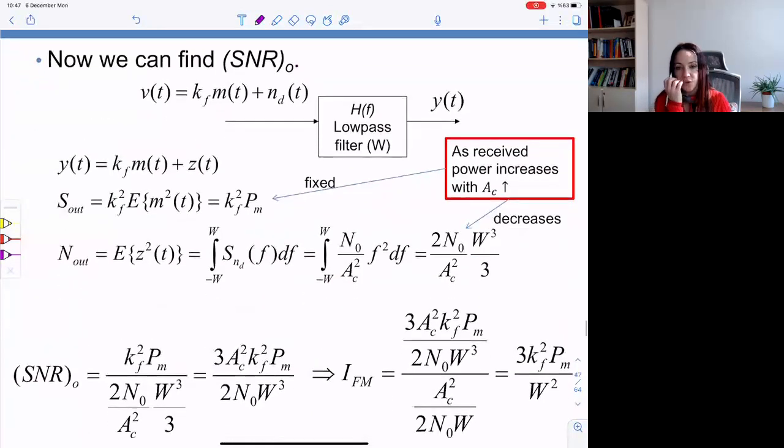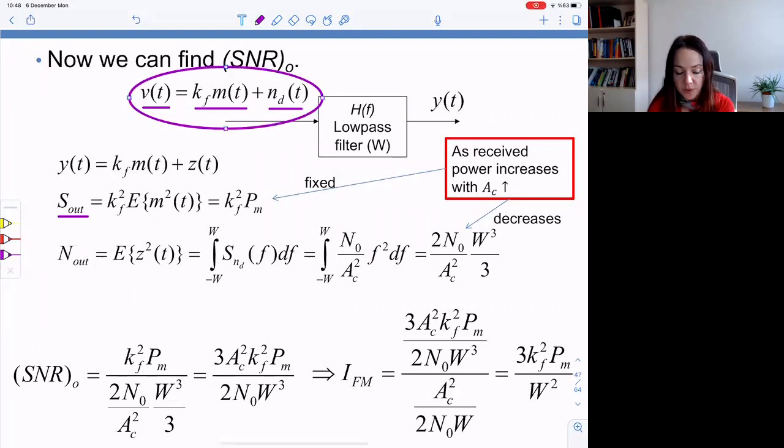Now, let's try to compute SNR out. The demodulated signal looks like this, and we need to compute the power due to the signal and noise components. The signal power in the demodulated signal is clearly kf squared PM.